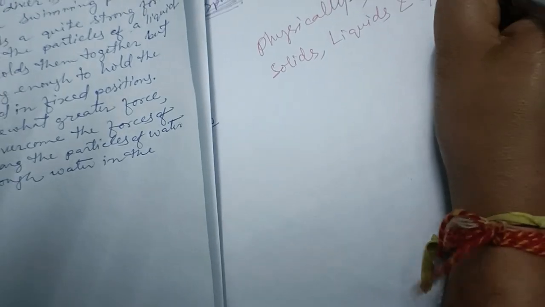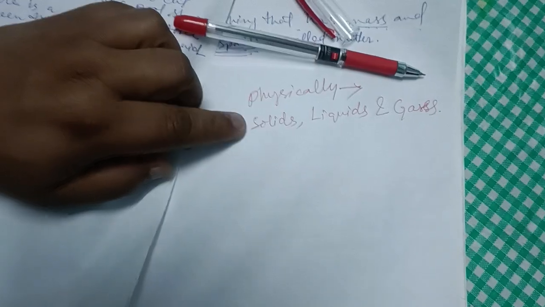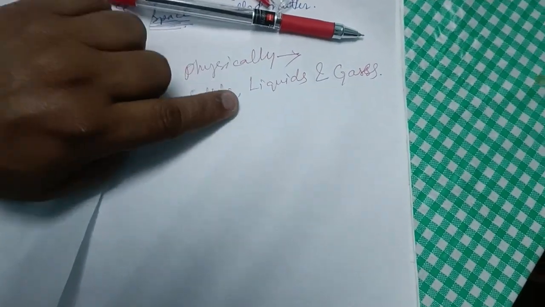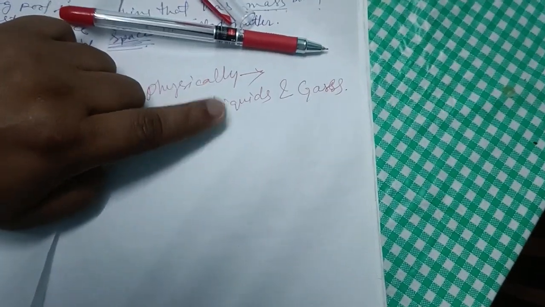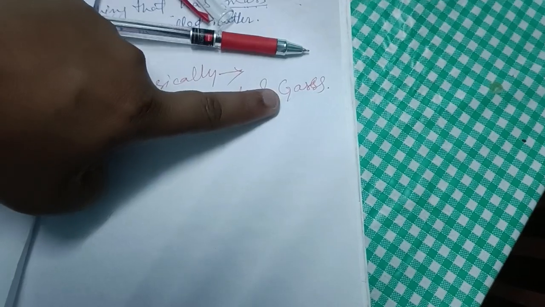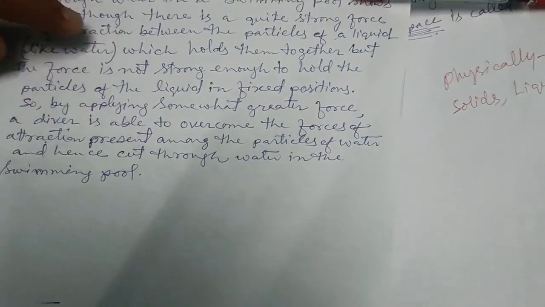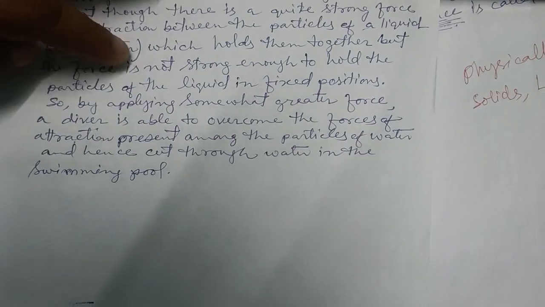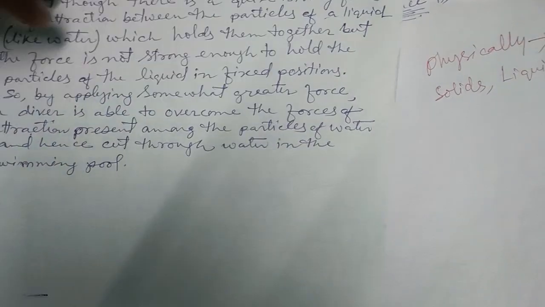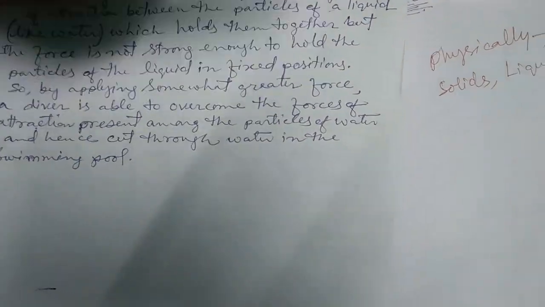So the particles of matter are most closely packed in solids, a little bit weaker in liquids, and most weak in gases. Clear? That is the strong intermolecular force of attraction which holds them together, but the force is not strong enough to hold the particles of the liquid in fixed position.